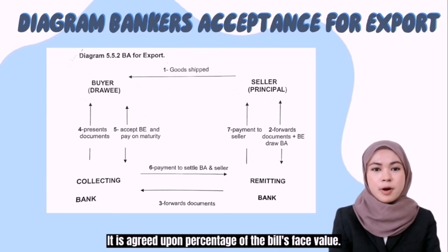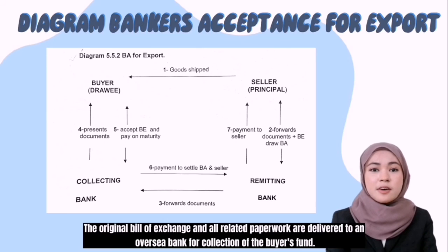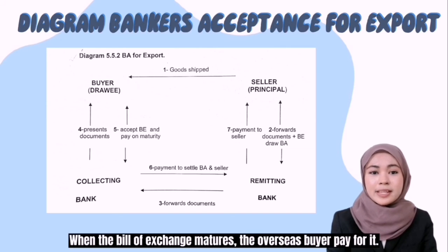It is an agreed upon percentage of the bill face value. The banker's acceptance is discounted after acceptance and the proceeds are paid to the exporter. The original bill of exchange and all related paperwork are delivered to an overseas bank for collection of the buyer's funds. When the bill of exchange matures, the overseas buyer pays for it.